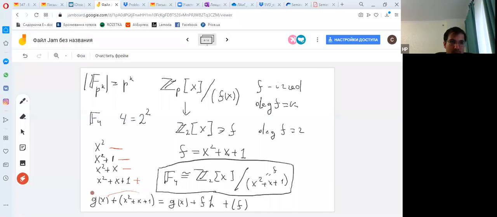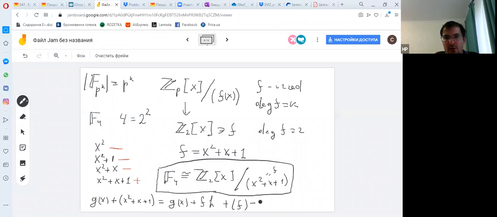We have some g, and the shortest polynomial in this class is just the remainder of g divided by f.